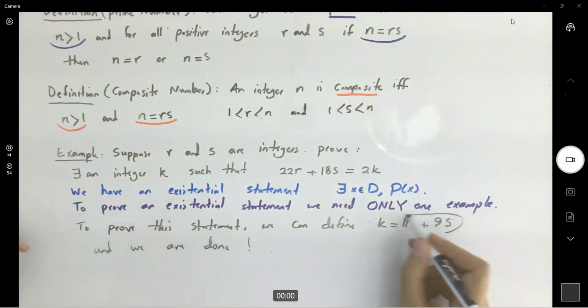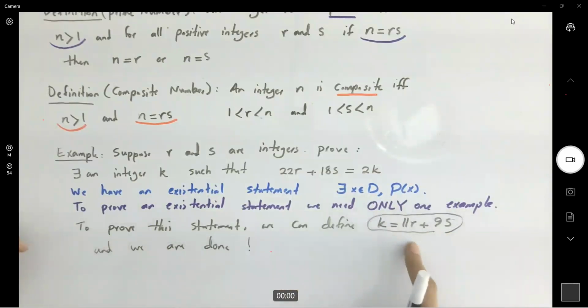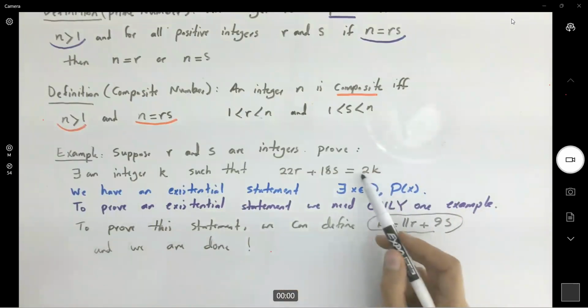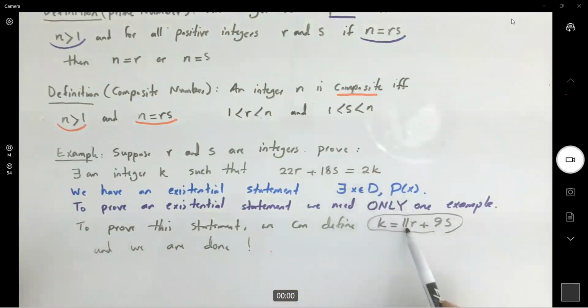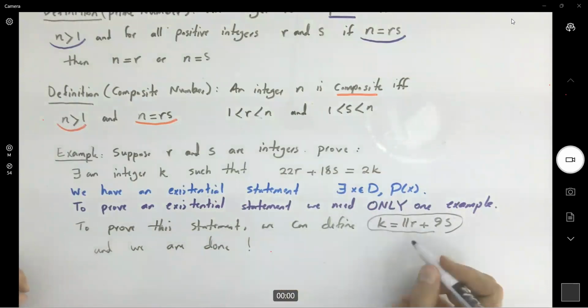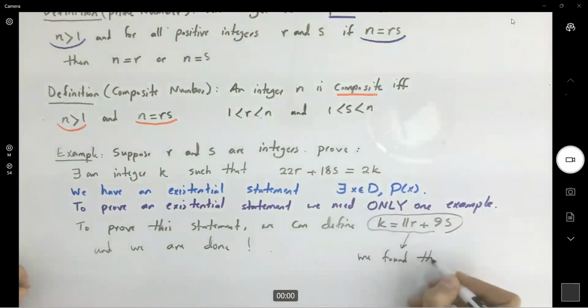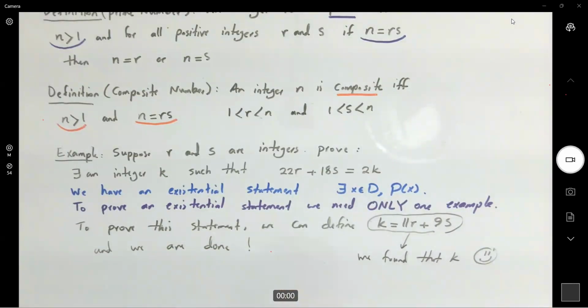If you take k to be 11 times R plus 9 times S, the multiplication of 2 by k is 22R plus 18S. So we're done. We found that k. So proving existential statements, you just need to find one example satisfying that statement.